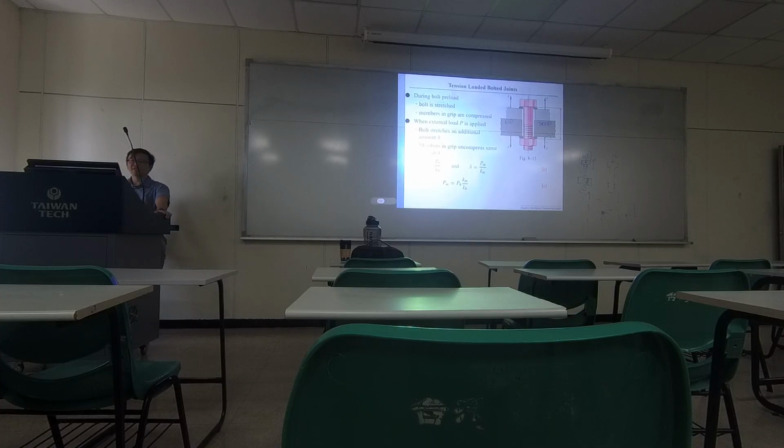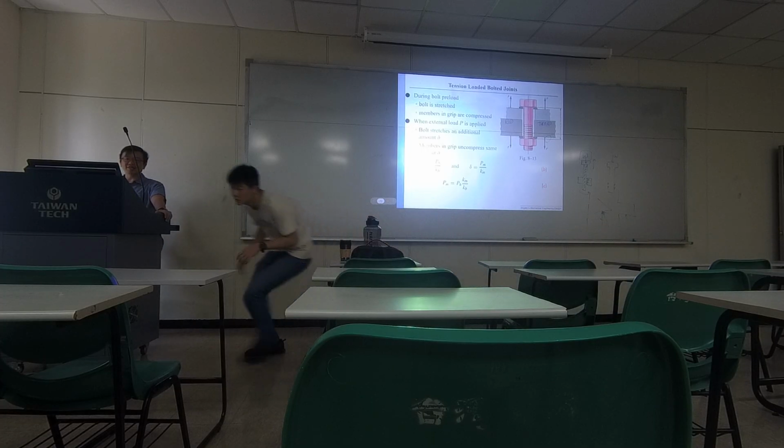Okay, and it's going to depend on how much spring coefficient you have. So basically, it's treated like a spring. So your force equals K times delta. Okay? So you can actually compute how much displacement you have.